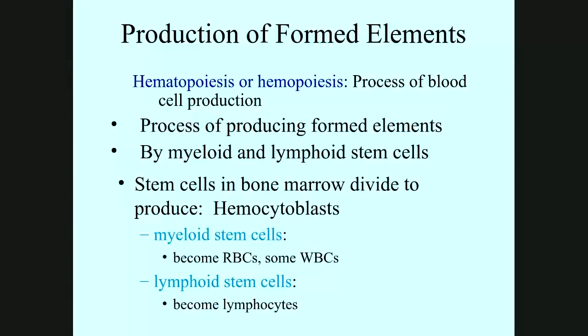How are those formed elements produced? They are produced by a process that we call hematopoiesis, or hemopoiesis, by stem cells. There are two types of stem cells, myeloid or lymphoid. The stem cells in the bone marrow divide to produce hemocytoblasts.